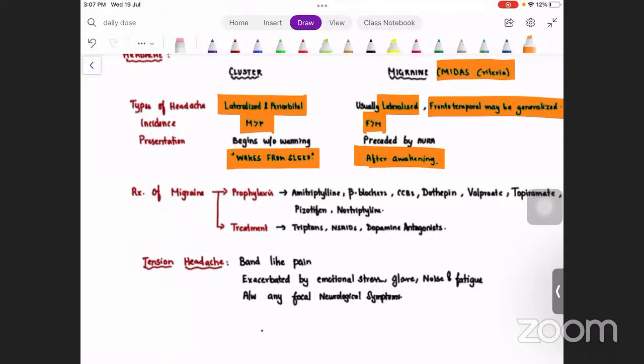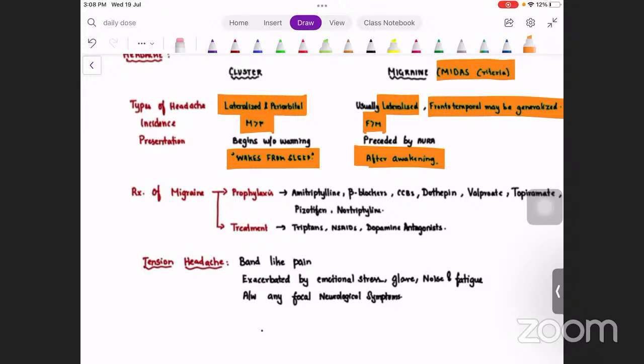Incidence: male over female in cluster, and female over male in migraine. Presentation begins with aura in migraine, no warning in cluster headache. Wakes up from sleep in cluster, after awakening in migraine.